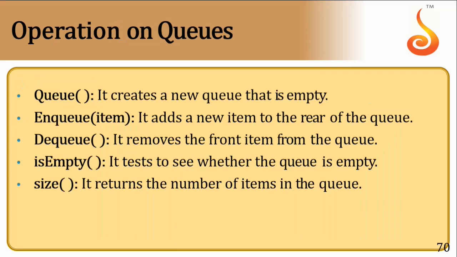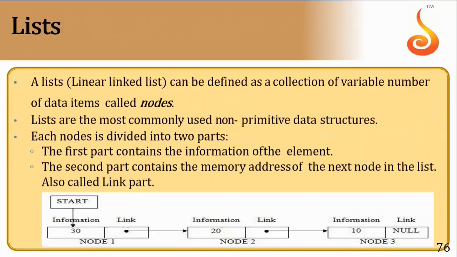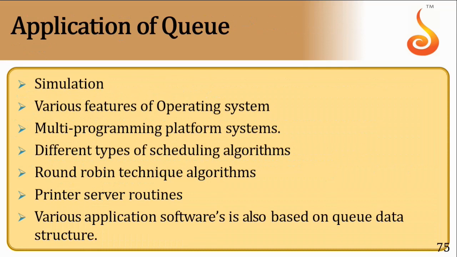Then the operations of a queue, we already did this. That is enqueue, dequeue, is empty and size. We have already done all of this. We are left with the applications of a queue. Queues are used in network communication systems. Why network communication systems?